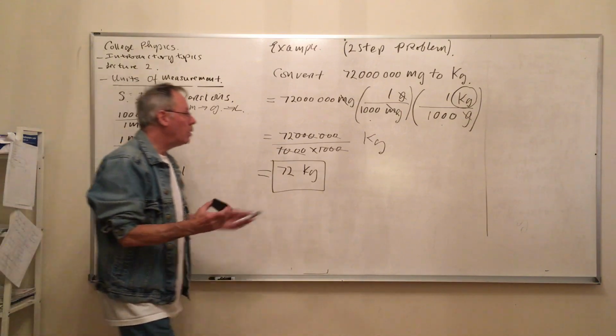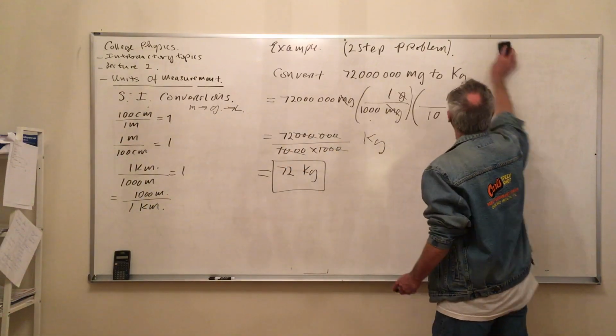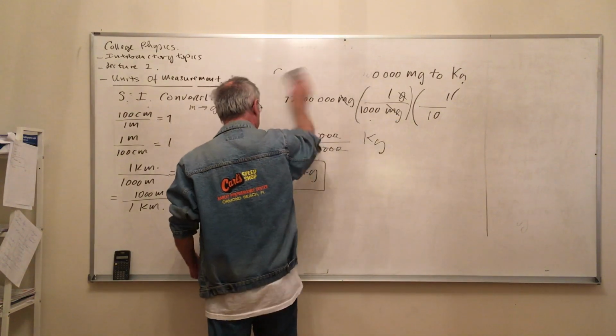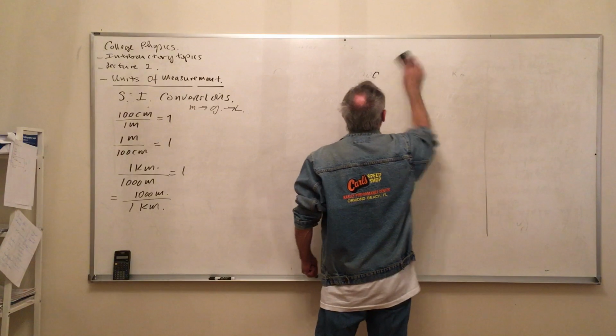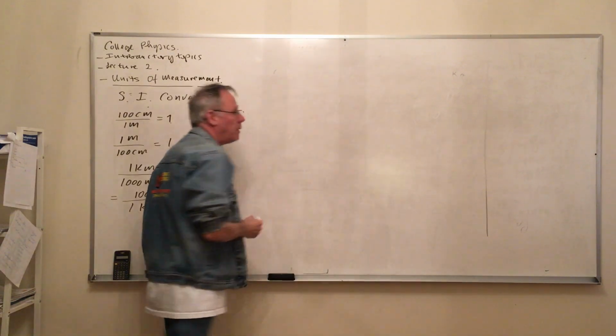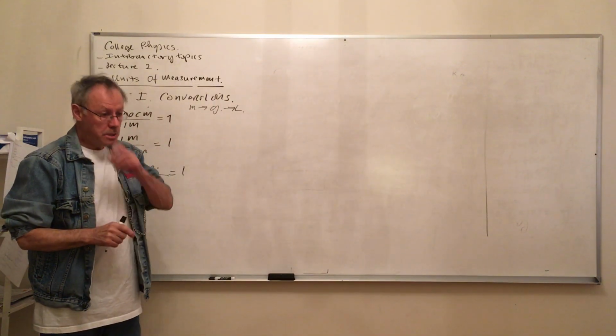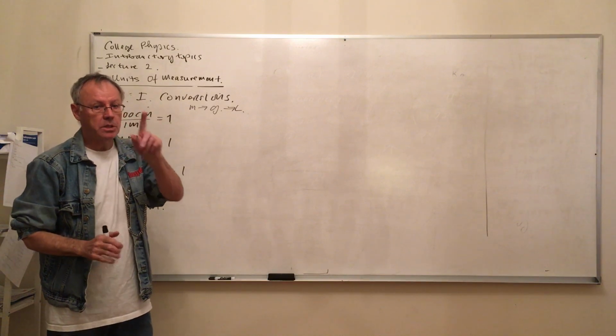Actually, we'll do one more general example, and then we'll leave it at that, because this one crops up a lot. This time we're going from miles to meters, or meters to miles.